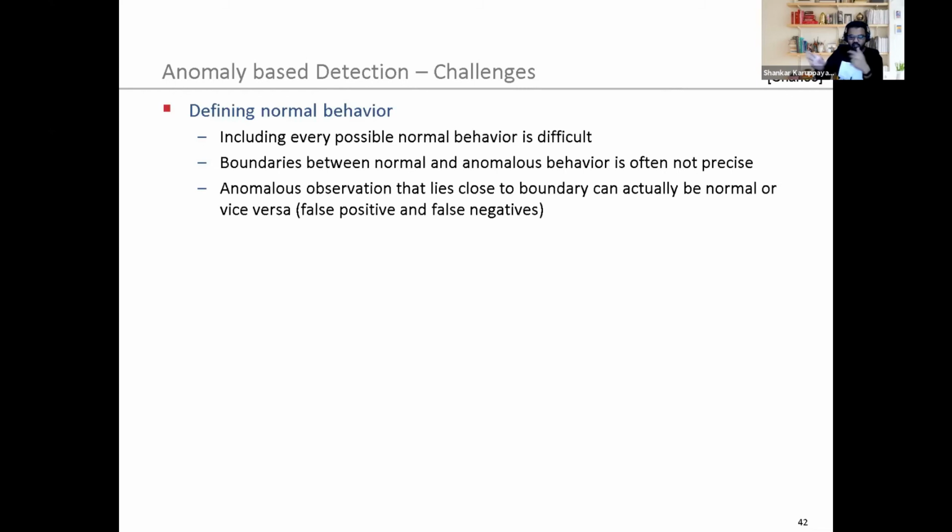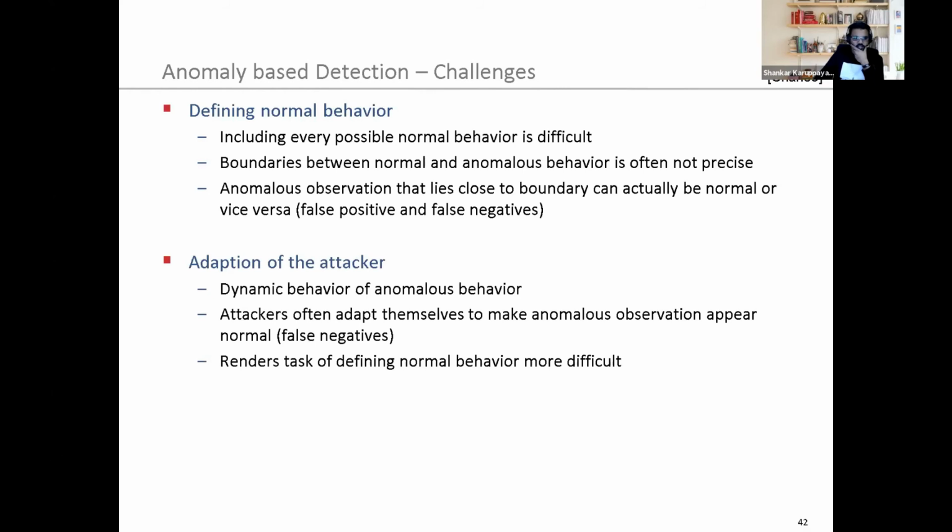Just because I'm always drinking coffee at 9 o'clock in the morning doesn't mean that I can't drink tea in the morning, for example, right? So an anomalous observation that lies close to the boundaries can actually be normal or abnormal. It's really difficult to say what is what without knowing them upfront.